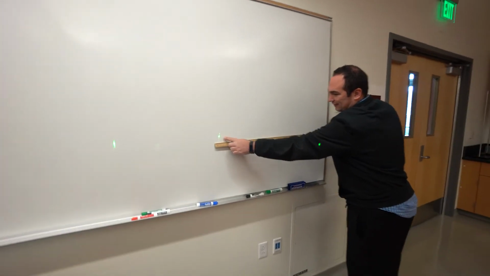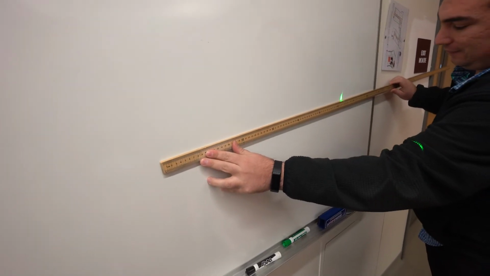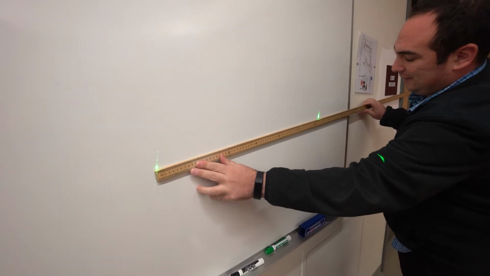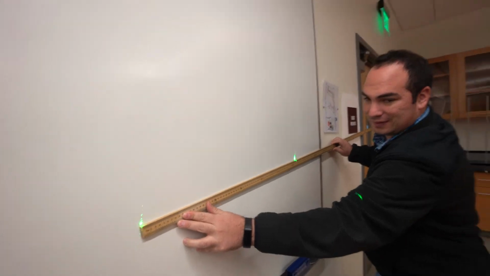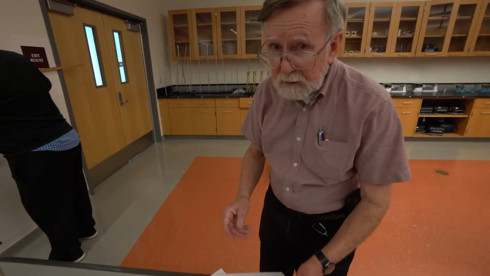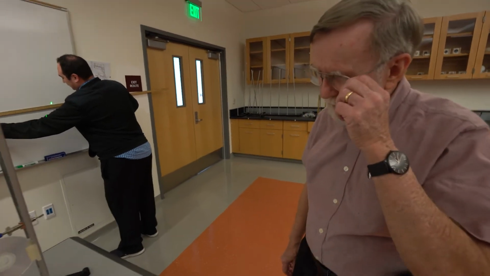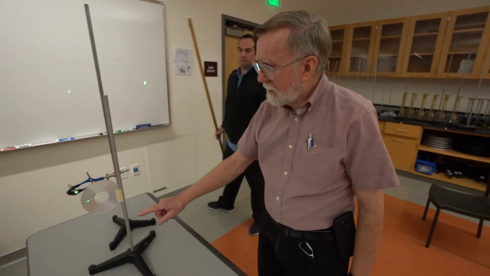Central bright fringe is there. And the first order maximum, this is 63.5. Okay.